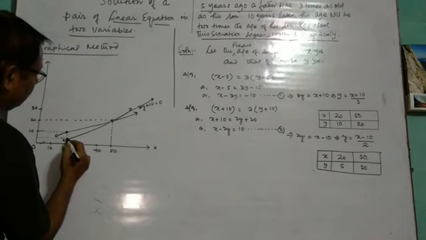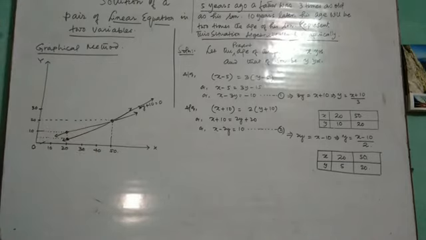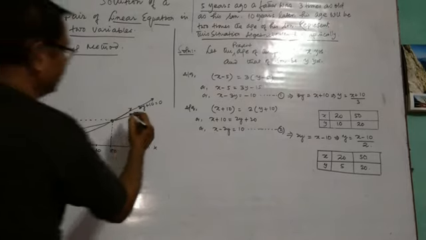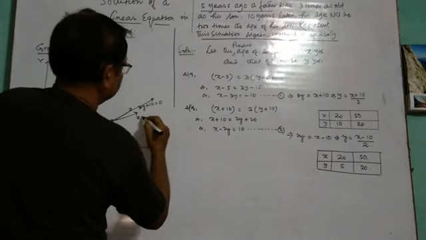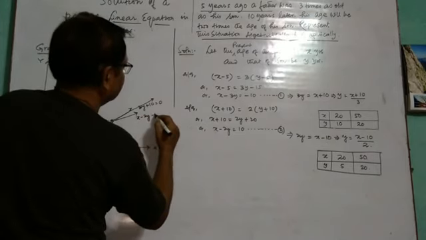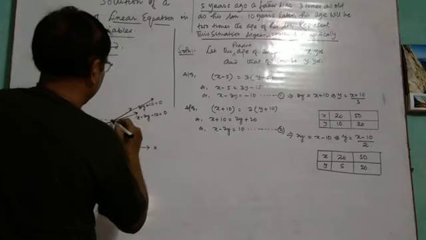Don't forget to give arrows on both sides. This is the second line, and dear students, the original equation of the second line is x minus 2y minus 10 equals 0.